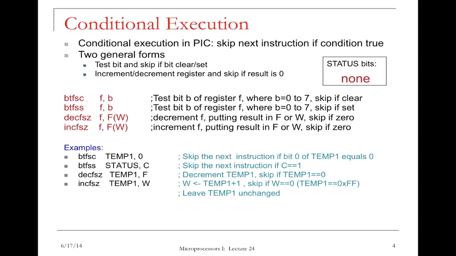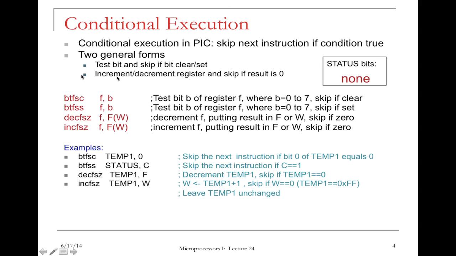That's to say, if the condition is true, we're going to jump to that address. Here is different. We're going to check the condition. If the condition is true, we'll skip the next instruction. We don't give it a specific target for these instructions here in the PIC. We just say, if the condition is true, you're going to skip the next instruction.